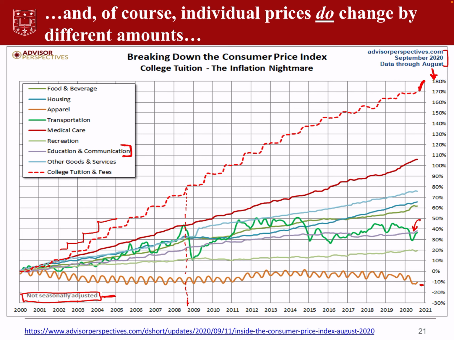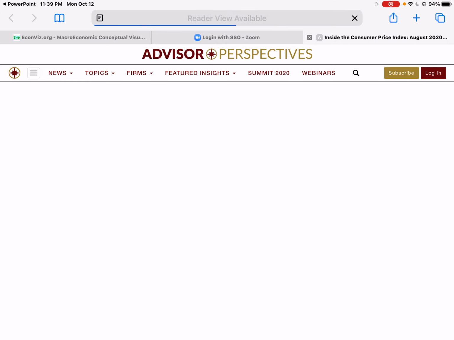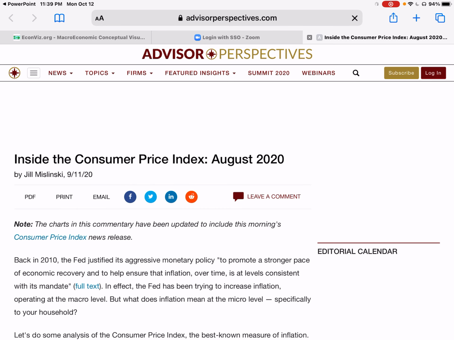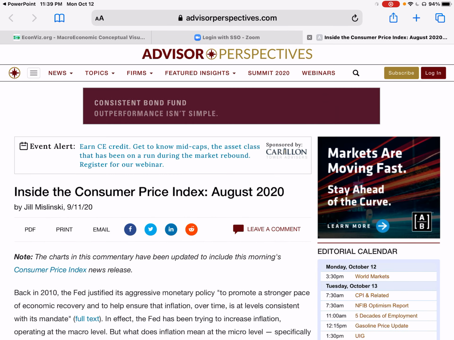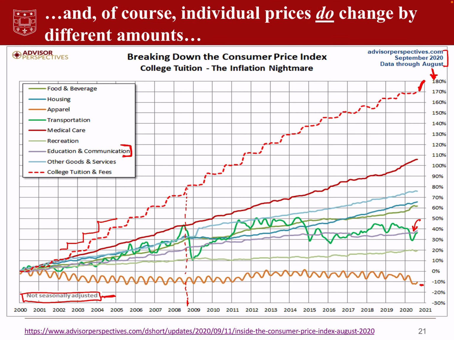And if you further subdivided these, so if you looked at categories of categories of transportation, I guess we're going to that link now. If you go to categories of transportation, you could see even further disaggregation or further differences in price behavior among the categories that make up that broader grouping of transportation.